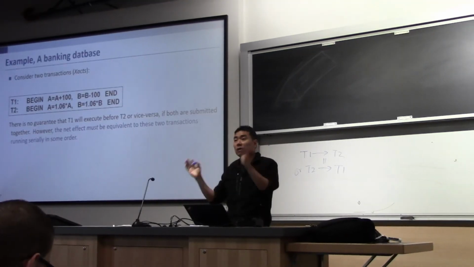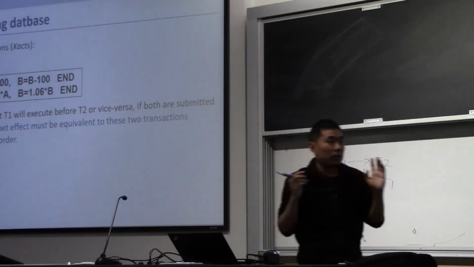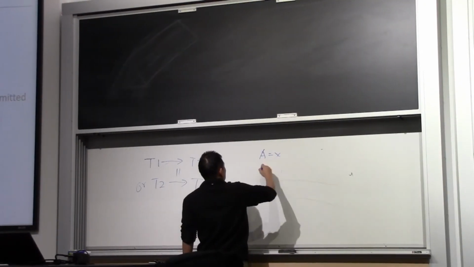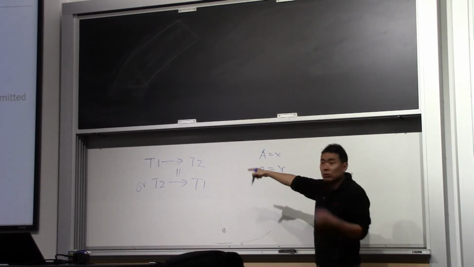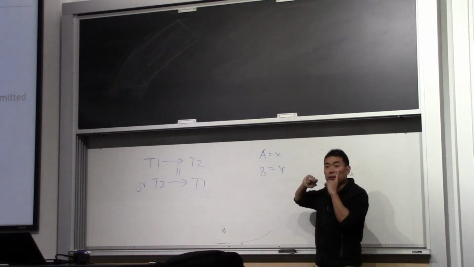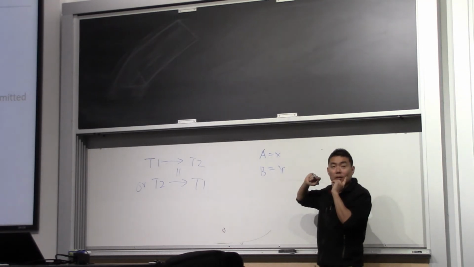You move $100 over to, let's say I have bank account A, the value initially equal to X, bank account B initially equal to Y. At the end of the day, no matter which sequence you are doing, the effect is very simple.